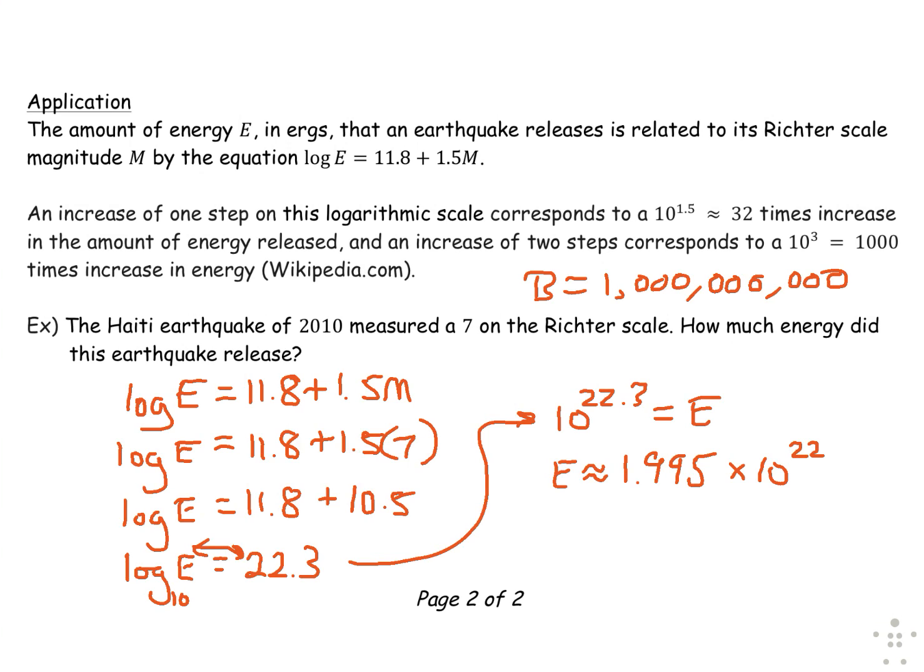And this is times 10 to the 22nd. And a trillion is 1 times 10 to the 12th, since if a billion has 9 zeros, then this has 12 zeros behind it. So basically, this is the answer in ergs. Go ahead and box that.